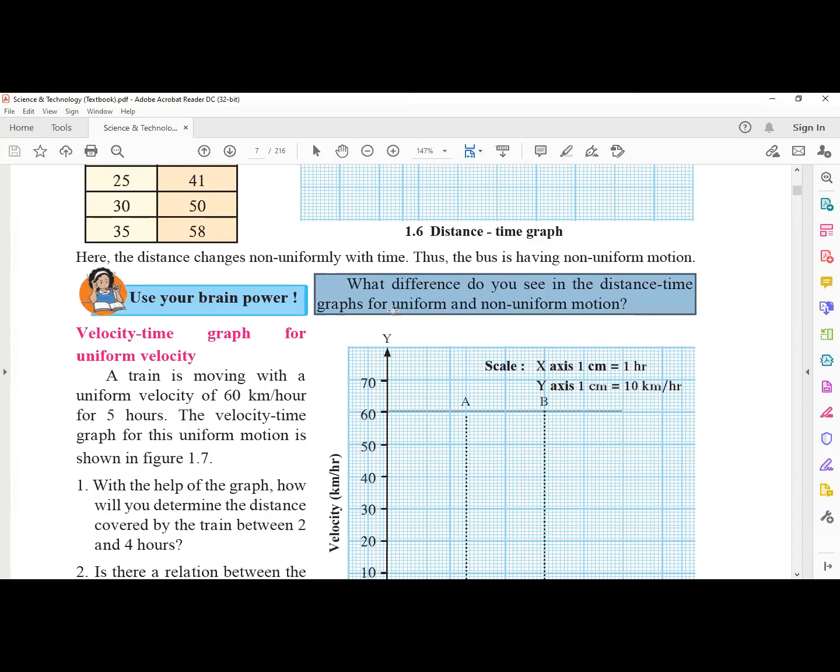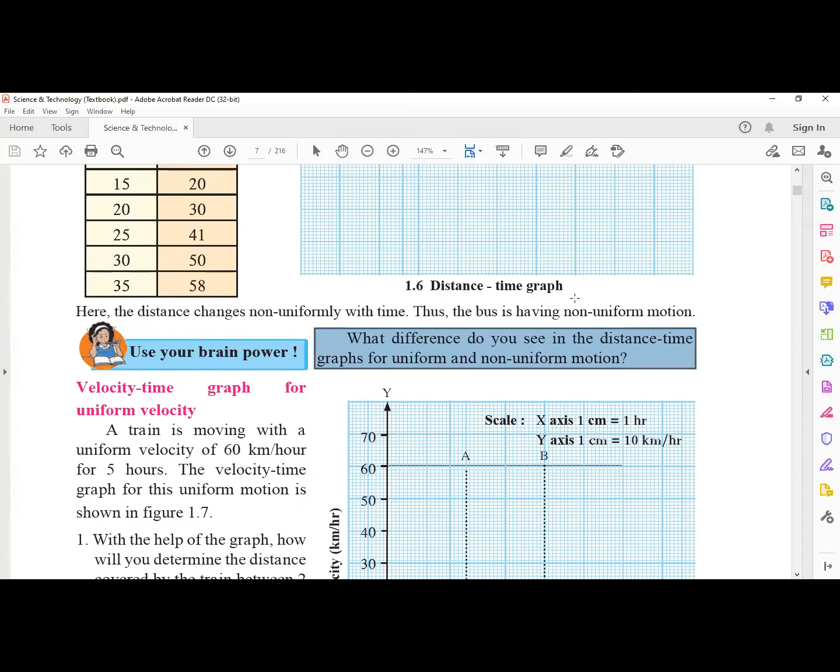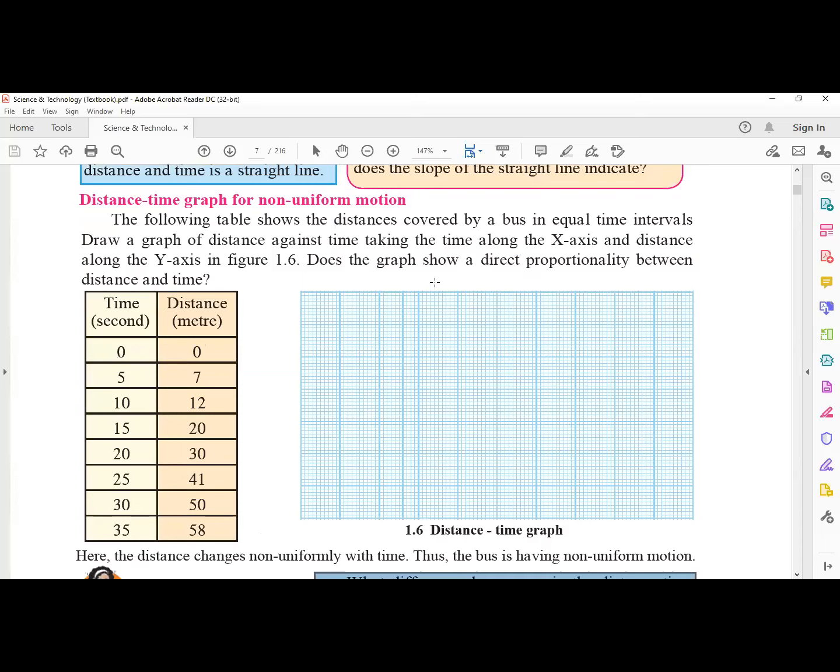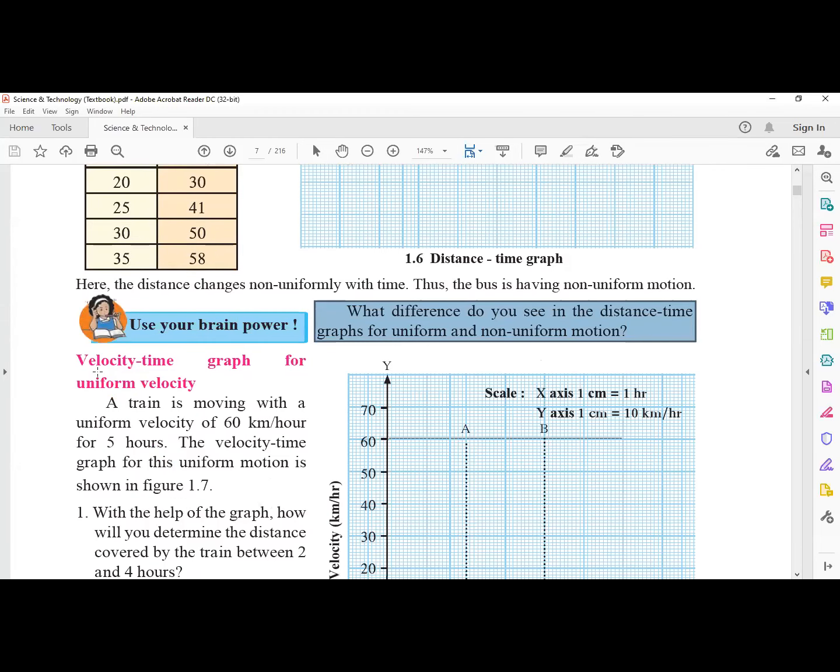All right. Now our next graph is the velocity time graph for uniform velocity. We have studied the distance time graph. Now we will move on to the velocity time graph, velocity versus time for uniform velocity.